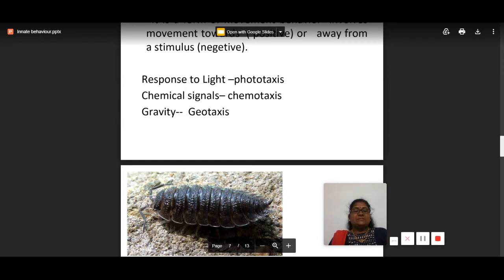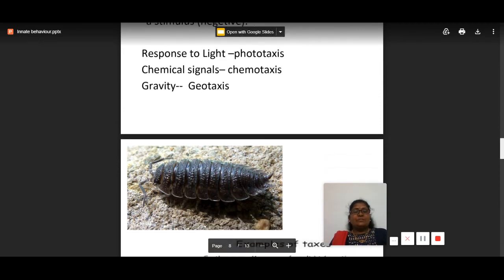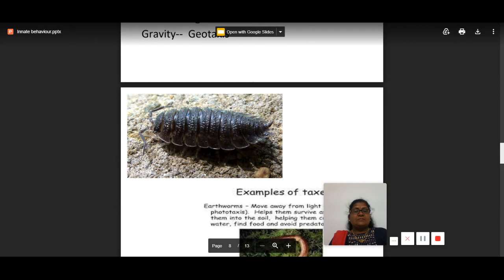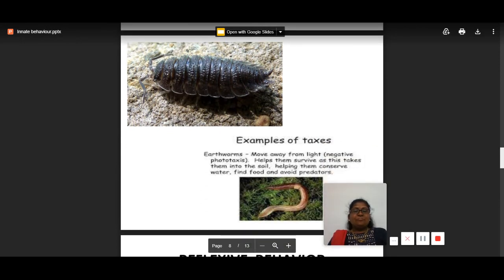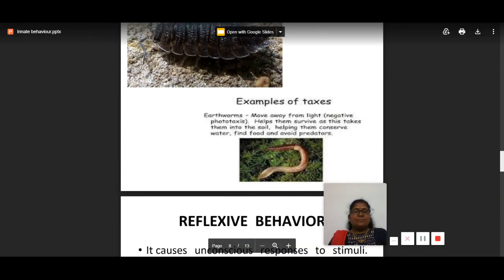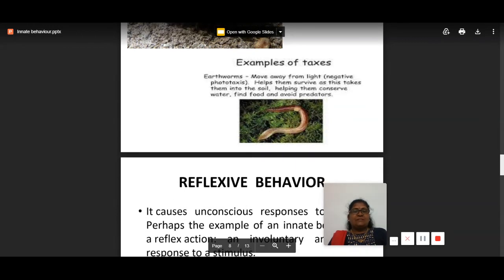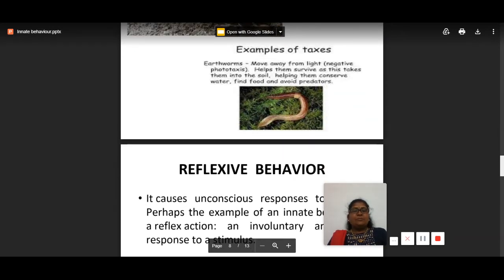And some animals respond towards gravity, those are known as geotaxis, such as some animals going towards the earth or soil.